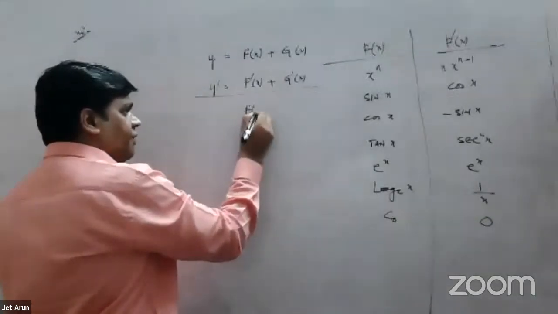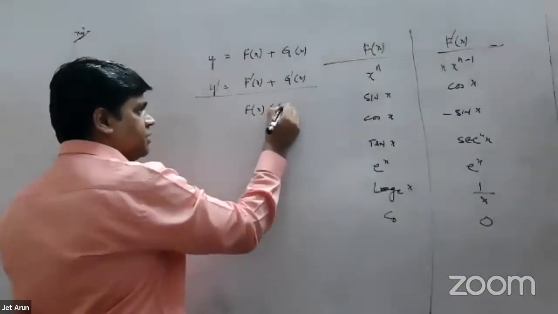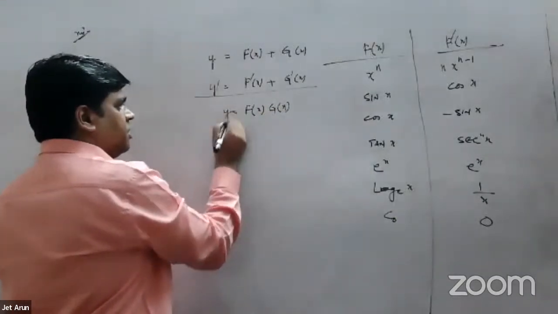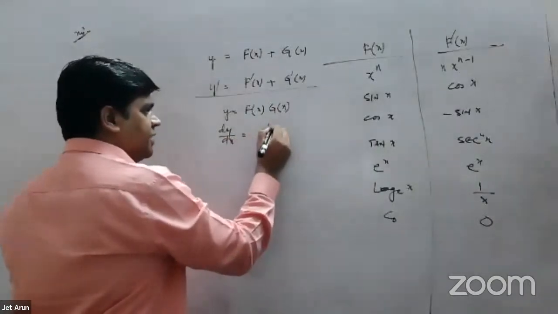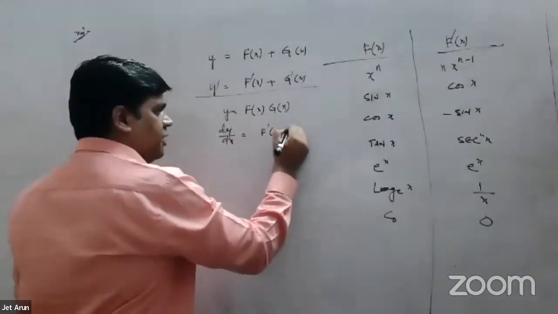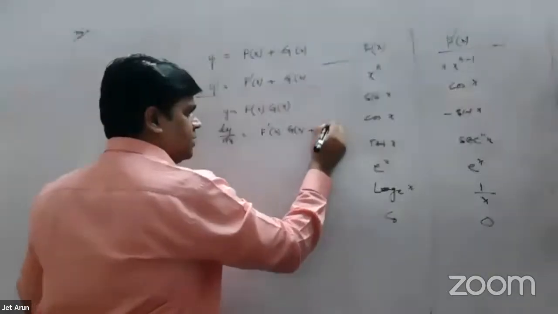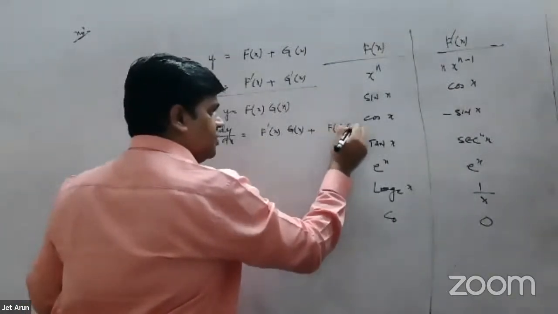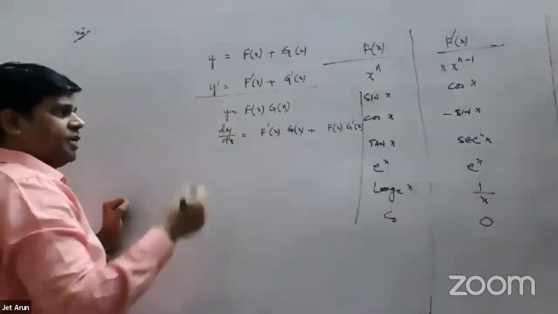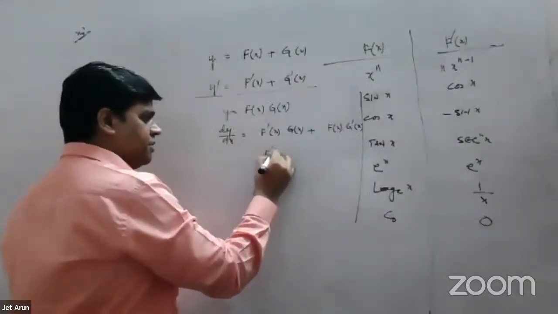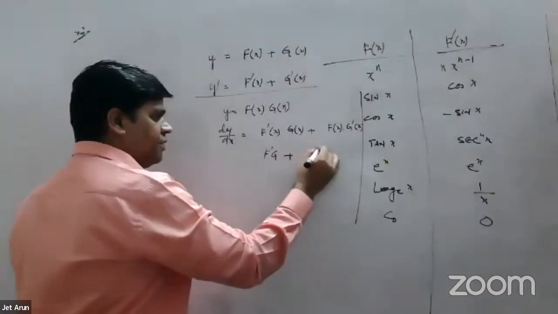Now let's say I've got a product of functions, f of x into g of x. In that case, my dy dx would be f dash x into g of x plus f of x into g dash x. So I'm differentiating one by one and taking the product: f dash g plus f g dash.